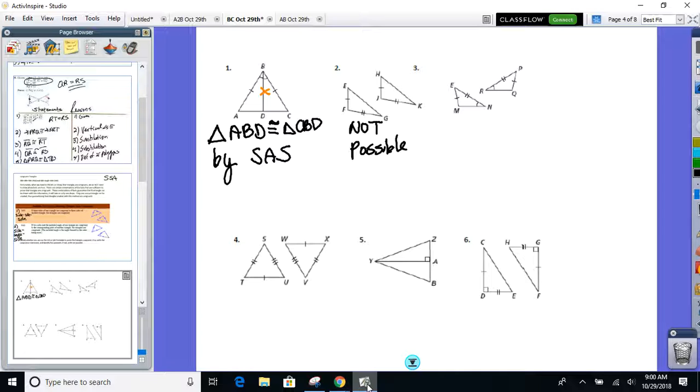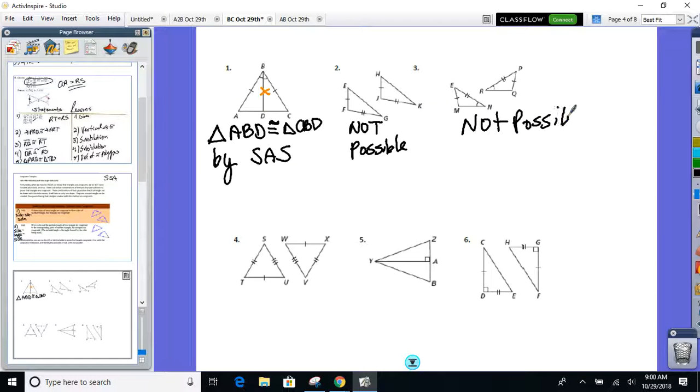And how many angles? So the only option possibly could be side, angle, side. But what's the problem? If you're going to use side, angle, side, what did we just... Our discussion's over. Angle's not in the middle. Everyone agree? Don't try to manipulate it or anything. Whatever's in front of you, that's all you get. So this is not possible.